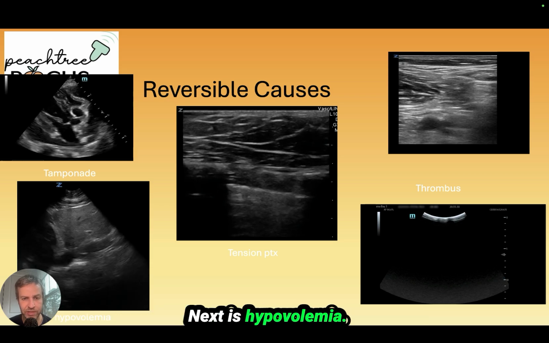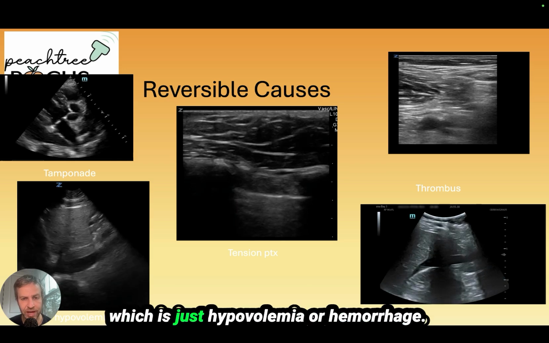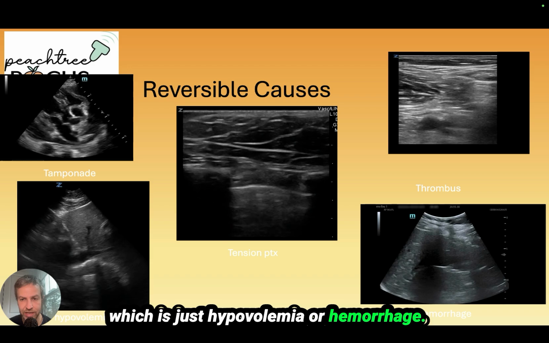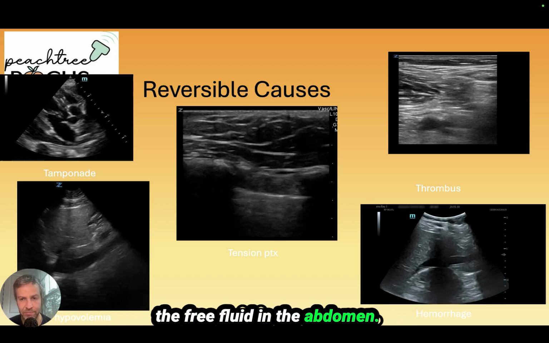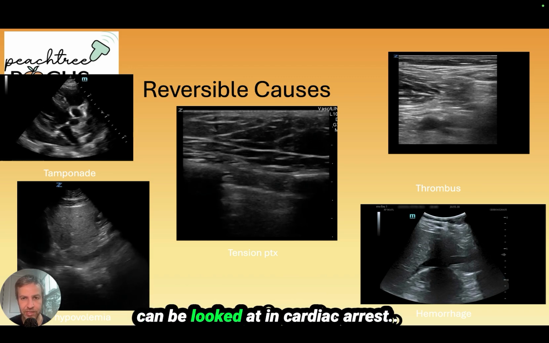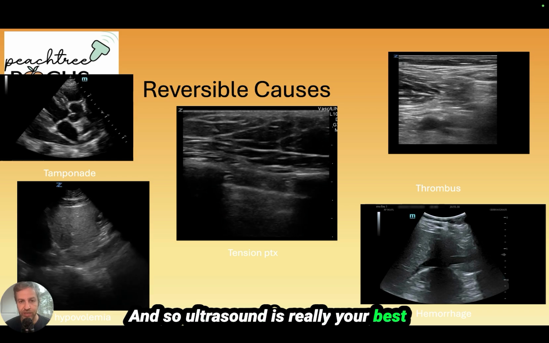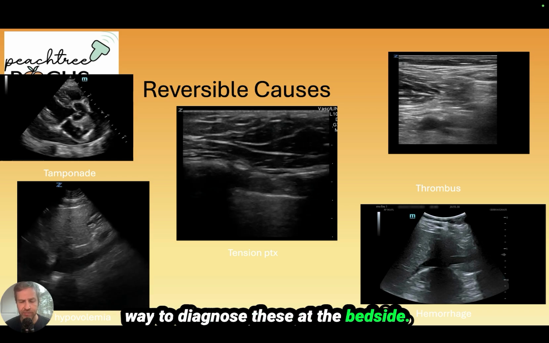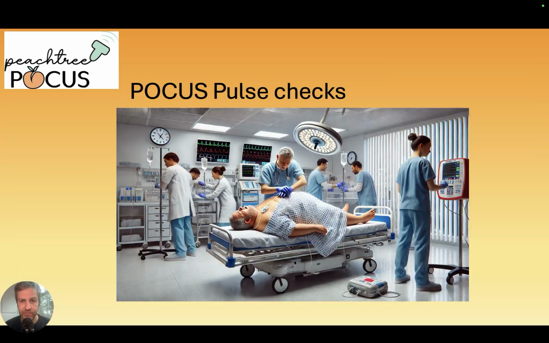Next is hypovolemia. This is a picture of a fully collapsing IVC, which suggests hypovolemia or hemorrhage. And lastly, we have hemorrhage, and this is a FAST exam with free fluid in the abdomen. Those are some of the reversible causes that can be looked at in cardiac arrest, and ultrasound is really your best way to diagnose these at the bedside, especially without any previous information.